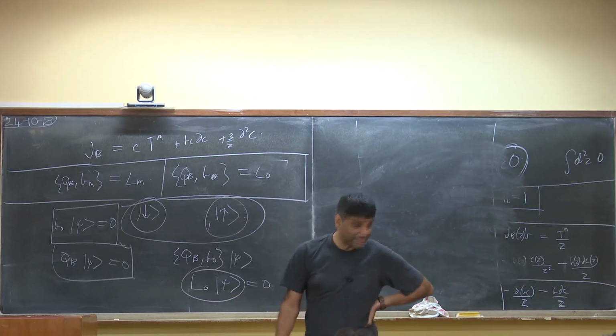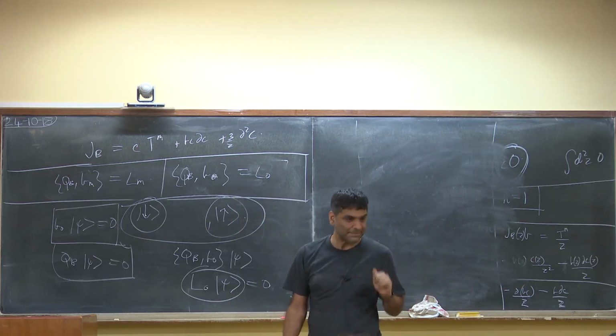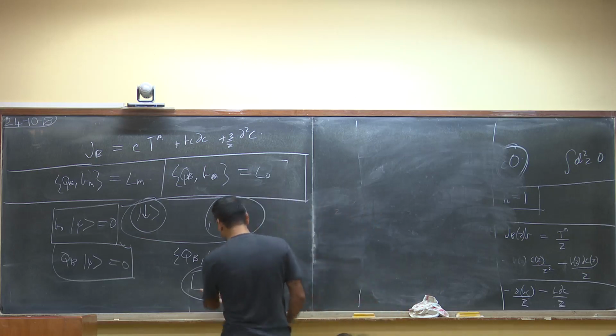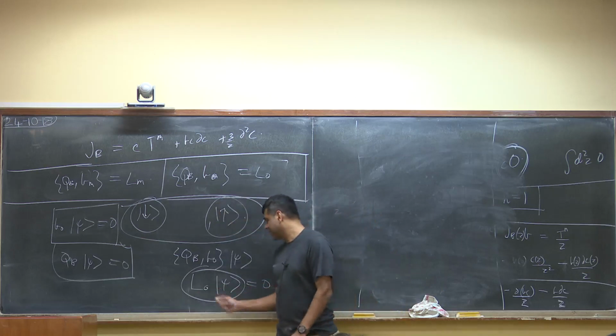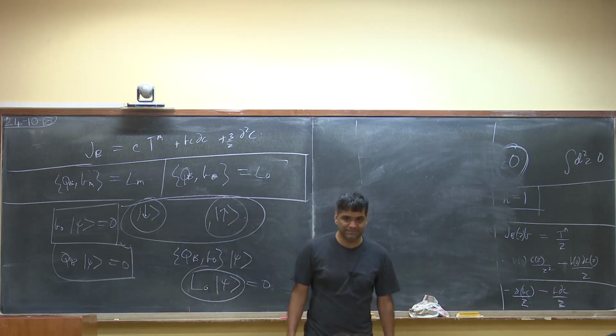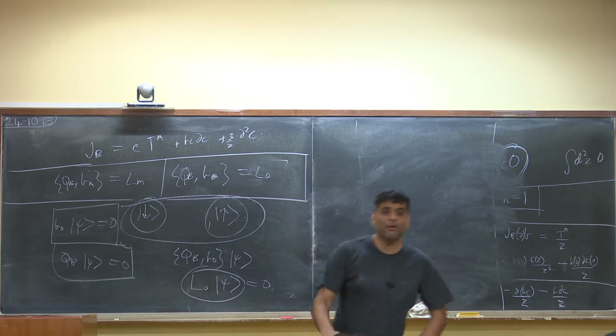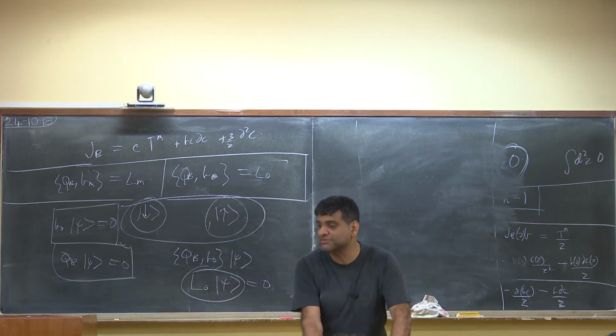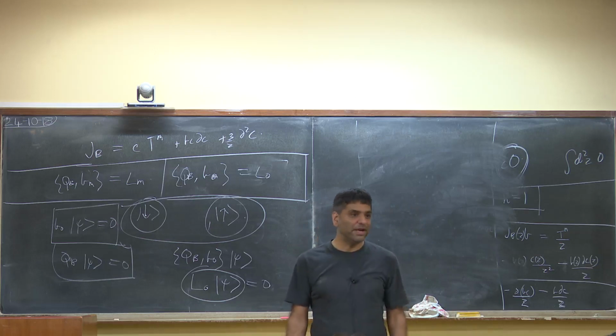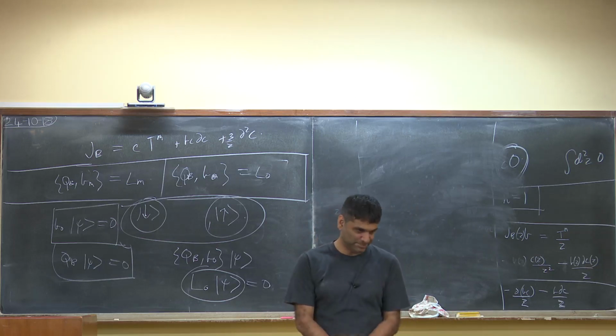Now, notice what kind of operators, using the state operator map, we can connect this to an operator. So what kind of operators can we get? One variety of such operators will be operators that are built with C acting on a primary of dimension 1.